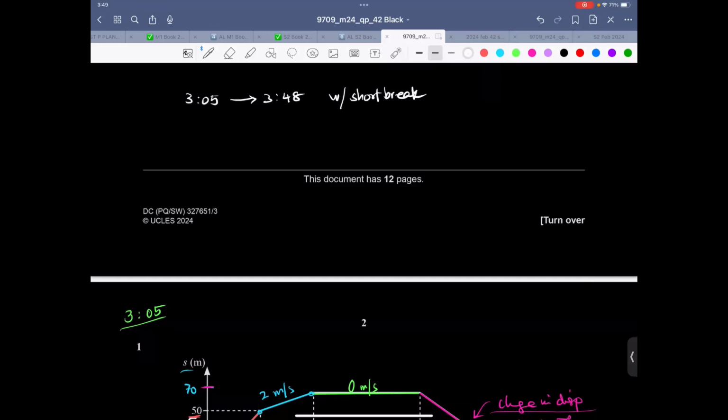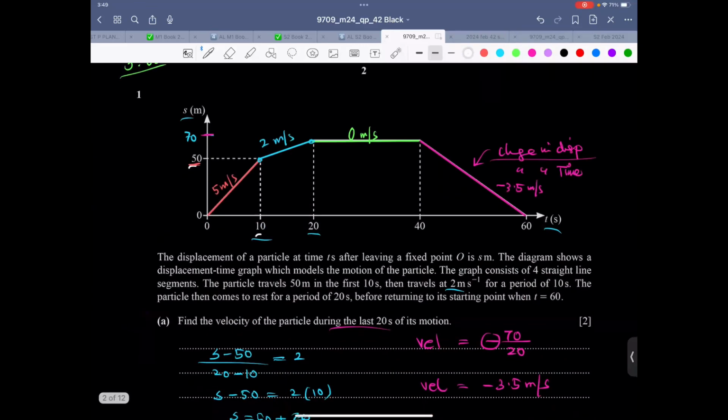So I did question number 1 all the way till question number 6. So in 40 minutes, I'm able to handle 6 questions, which is perfect. That means now I have all the time to do question number 7 comfortably.